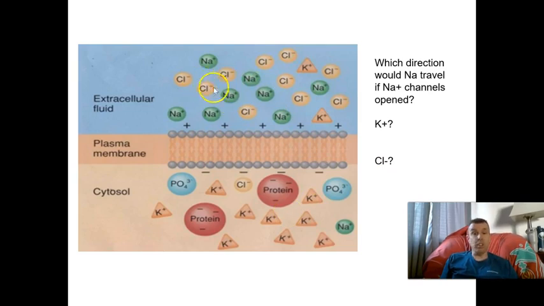Well, chlorine also is going to flow from out to in. So the chlorine ions, when a channel opens, it's going to go from high concentration outside to a lower concentration inside. What about potassium? Well, potassium would flow from in to out. There's a higher concentration of potassium inside the cell, a lower concentration outside the cell. So if I open a potassium channel, it's going to flow from high inside the cell to low outside the cell.